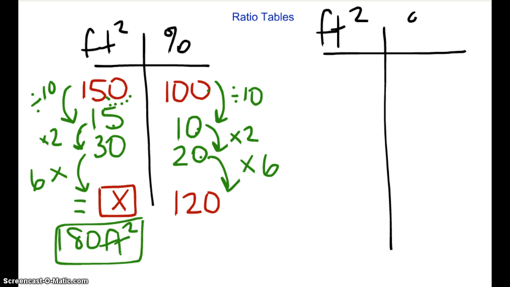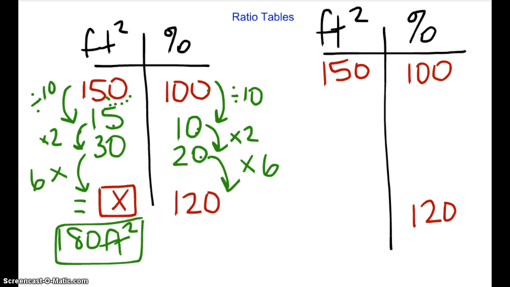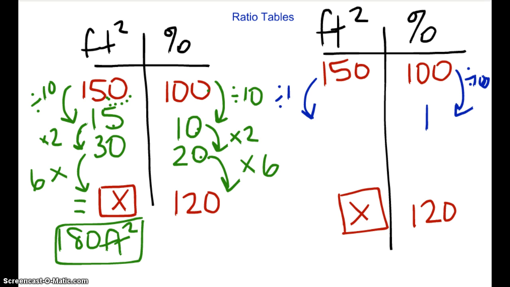Let me show you also, let's say your numbers are a little bit less friendly. I'm going to use the same numbers in this case, but I want to show you also that 1% can be your friend also. Finding the unit, 1%, will work for you every time. So you can get 100 down to 1 by dividing by 100, and over here we can divide by 100 and get 1 5/10.